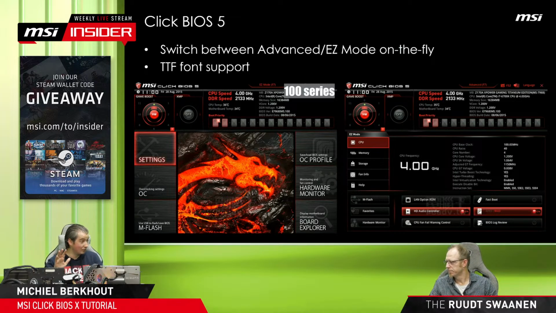And here, all those options are still there, but they're basically hidden behind the advanced mode. Exactly. If you're not very familiar with BIOSes and you only want the basics, then there is an easy mode. And as the name implies, it's very easy to use, but of course it gives you more limited options than advanced mode. Yeah, I think the most used features are still there.